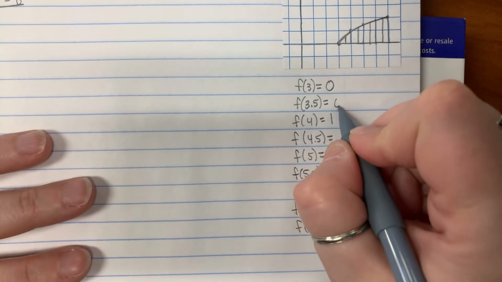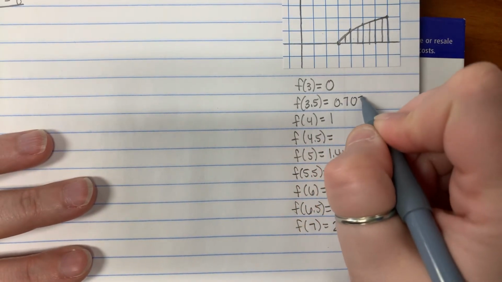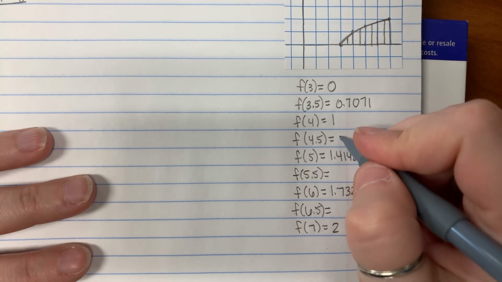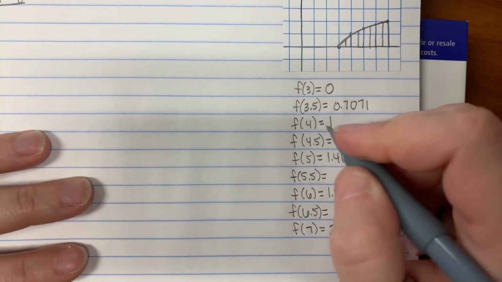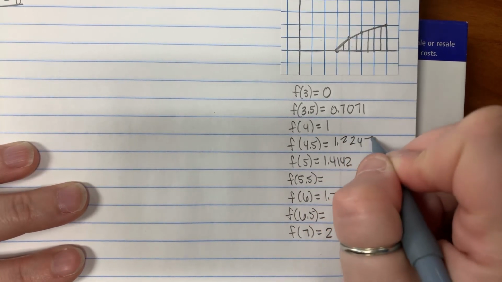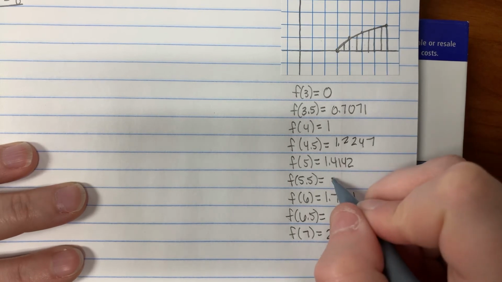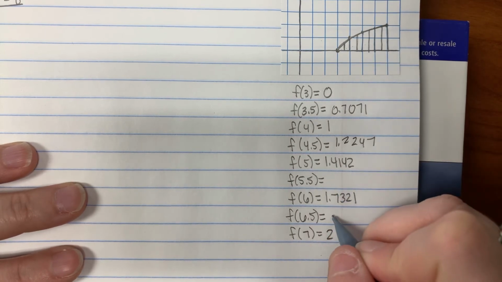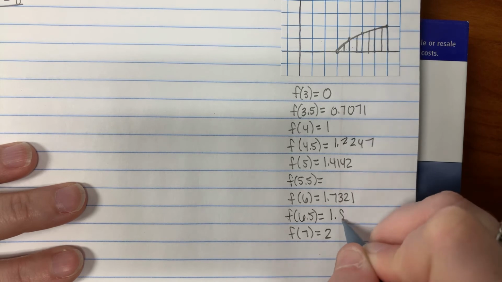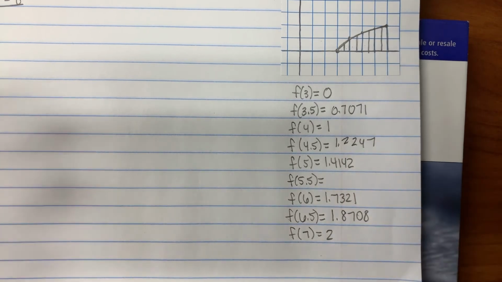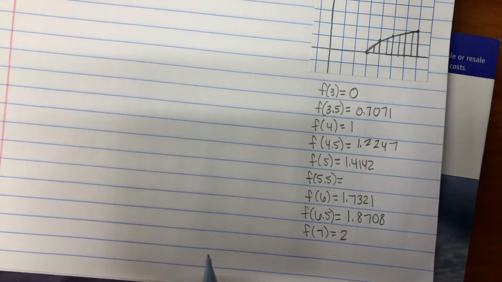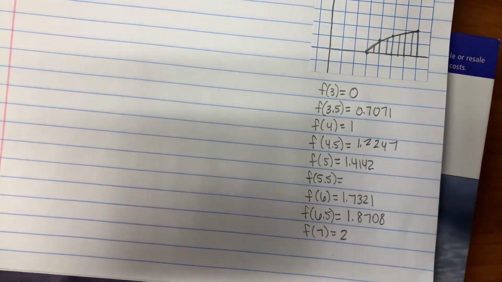So this one is 0.7071. This one is 1.2247. This one is, oh, I didn't write that one down, so let me go back and find it in a second. 1.8708 is that one. Let me find my other one. I got kind of lazy and just wrote a dot, dot, dot.